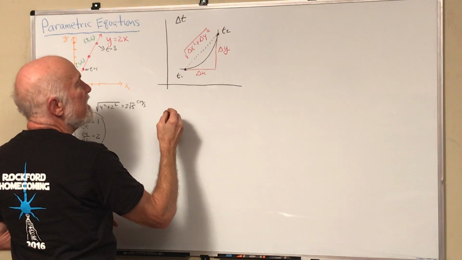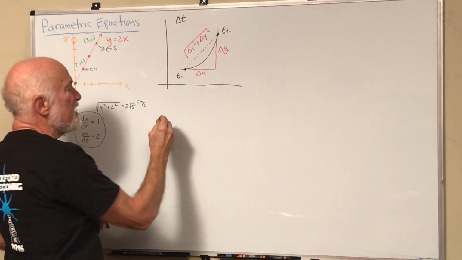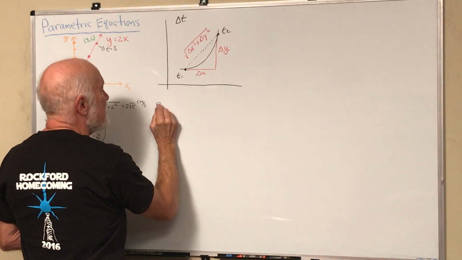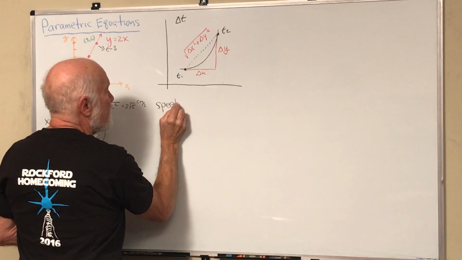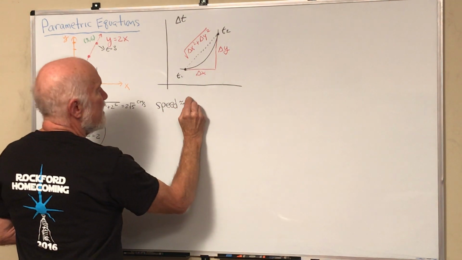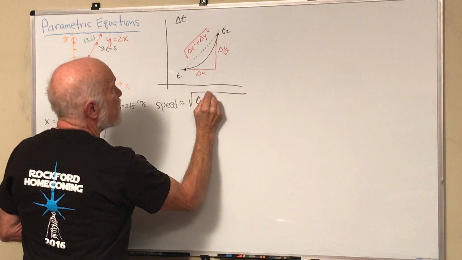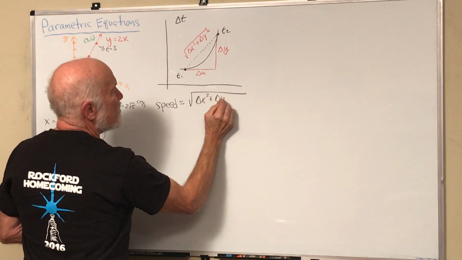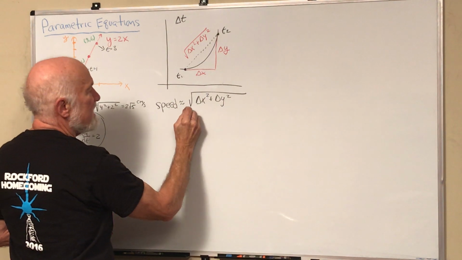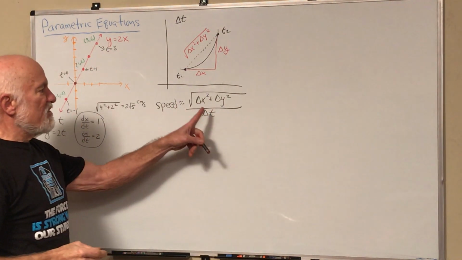So what did we do? We went that distance in this time. Well, it's not exactly that distance, but we could give an approximation for the speed to be the square root of delta x squared plus delta y squared divided by delta t, the distance divided by the time.